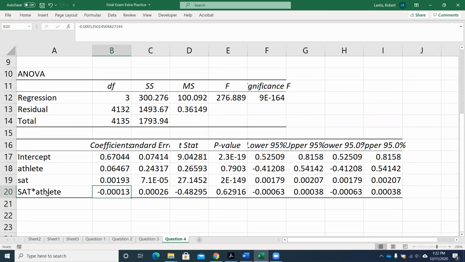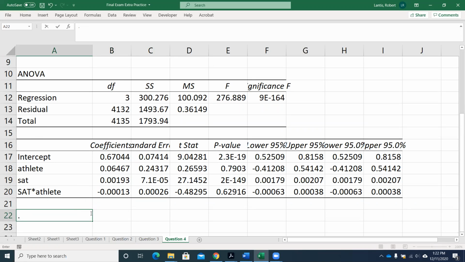Because if I think about the total effect of a 1-point increase for an athlete: if SAT goes up by 1, it would go up by this coefficient. But also, if they're an athlete, this is going to be a 1, so a 1 times that 1 unit increase here as well.